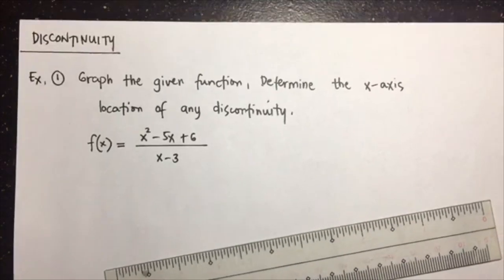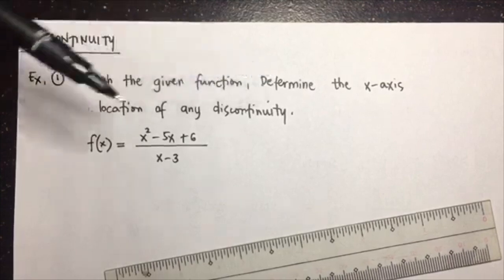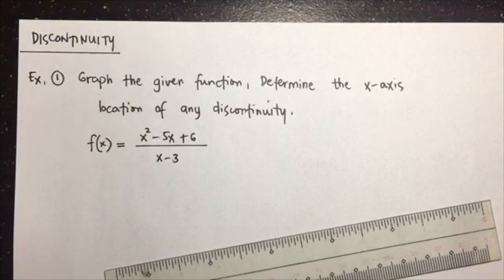Okay, so for this video, we will be discussing discontinuity, and particularly graphing and showing the discontinuity of a function. So, example: graph the given function and determine the x-axis location of any discontinuity.